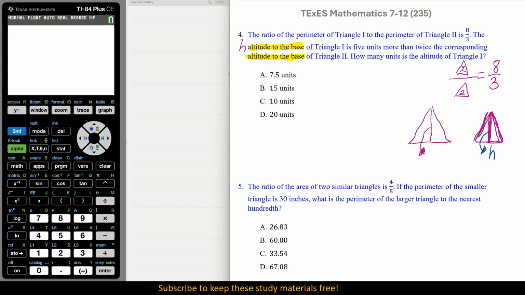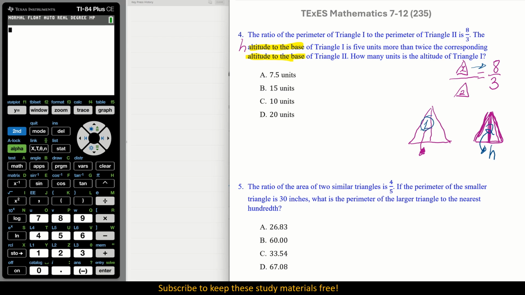We're going to start with number 2, the smaller. So this is 2. We're going to call triangle number 2, that height is our actual unknown. Now let's read our problem again. We're calling this triangle 1 because it's larger. It's associated over here with this 8. It says 5 units more than twice the corresponding height.